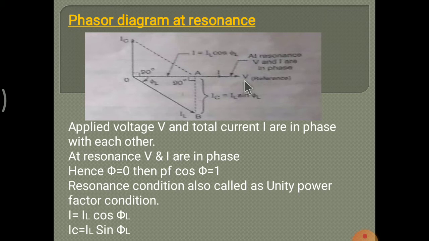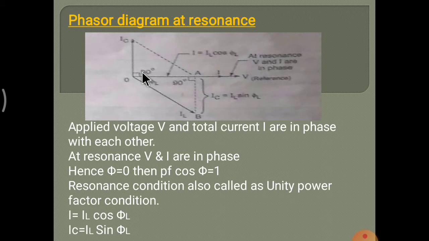Inductive current IL lags the voltage V by an angle phi L. The capacitive current IC leads the voltage by 90 degrees.